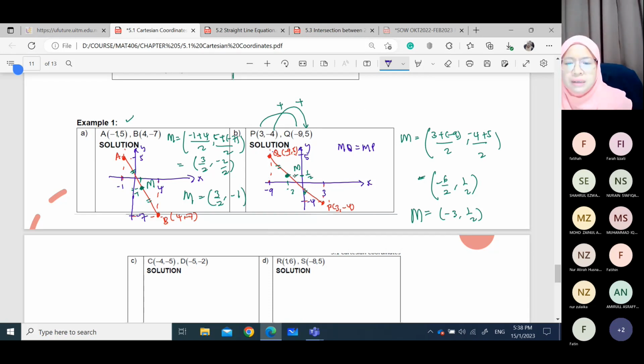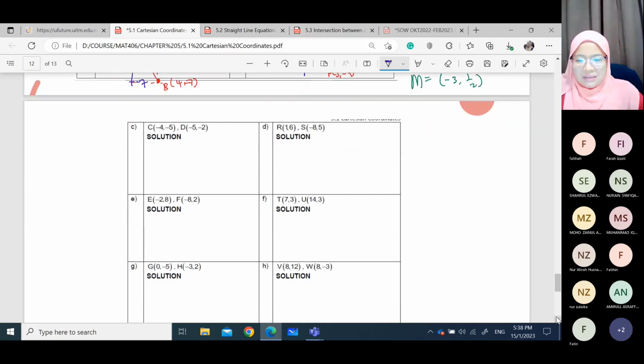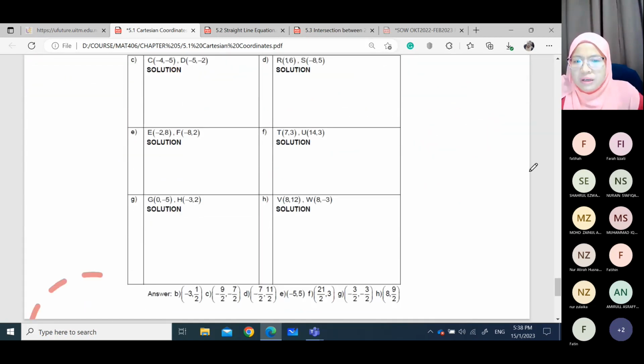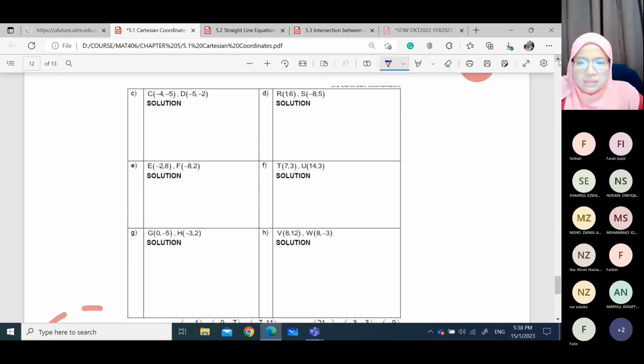Jarak antara titik tengah kepada Q dan titik tengah kepada P adalah sama. Okay? Faham ya? Okay, so kalau faham boleh buat soalan yang seterusnya C, D, E, F, G, H.